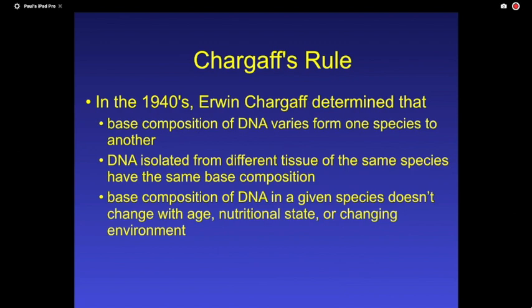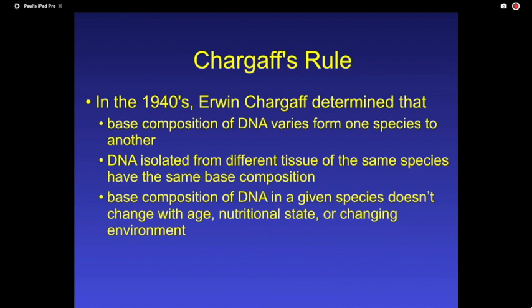You take a little tiny rabbit or a very old rabbit, a very fat rabbit, and a starved rabbit, and when you looked at their DNA, the percentage of A's, G's, C's, and T's never changed. Their composition, how much fat they had, how much protein, what was functioning, all sorts of things changed over their life cycle, but the percentages of DNA never changed within a species.